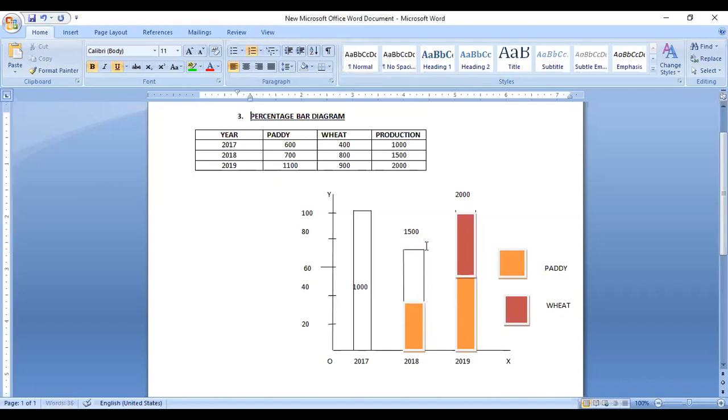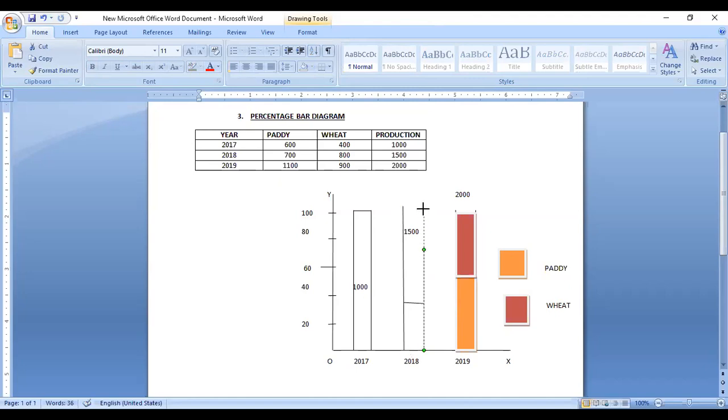All bars I am changing. Already they are existing, so with simple changes I want to show you. All should be made equal to 100.